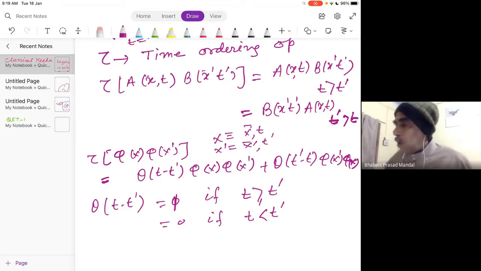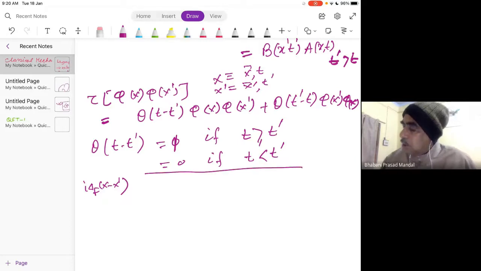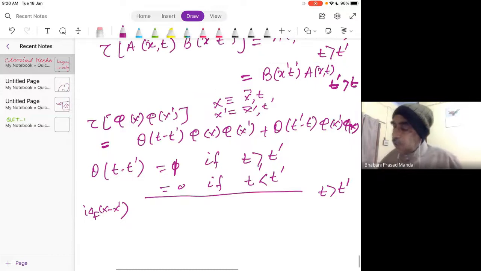Now what is the physical meaning of this propagator? I can write my propagator i Delta_F(x minus x'), and suppose t is greater than t'. Which theta function will survive, this one or this one?